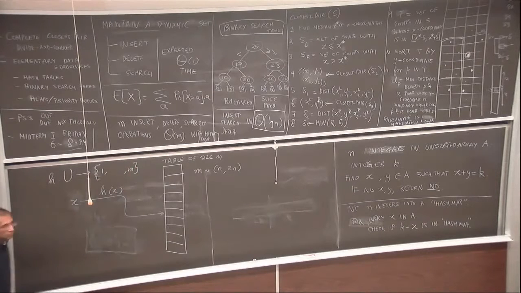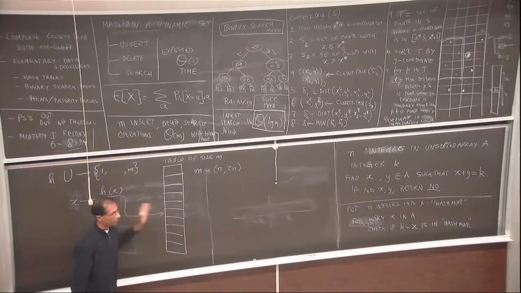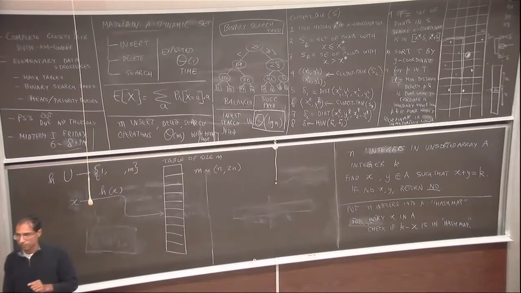That's the job of the hash function. It's going to take x, give a single number between 1 and n, and plunk x into that. Okay? So far, so good?